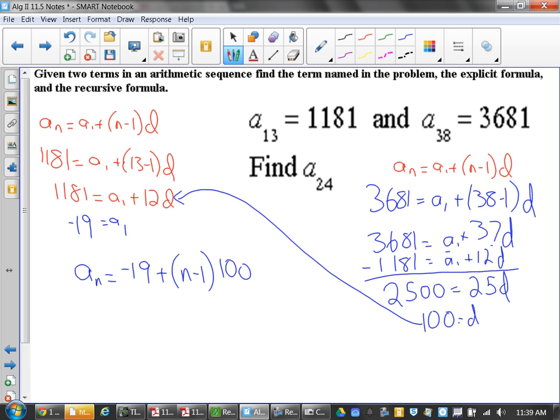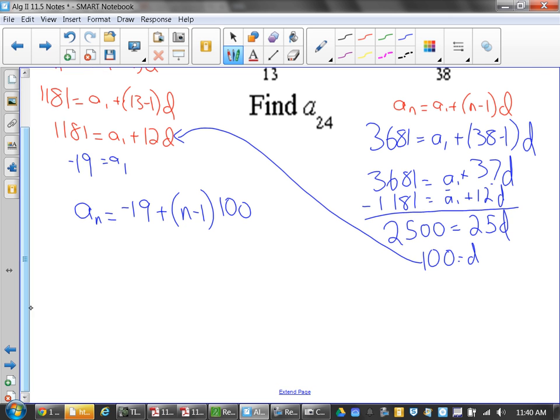Distribute, combine. 100n minus 119. That would be our explicit formula. Is everybody okay with that? Now, to write it in terms of the recursive, all I need to know is my first term and my difference. So this is my explicit.